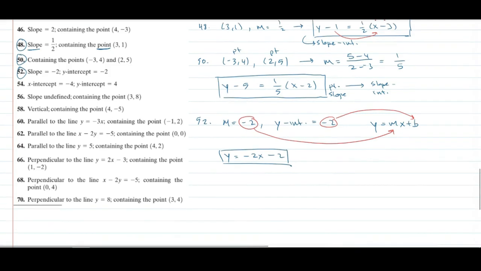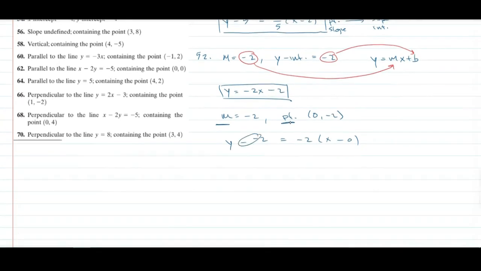Sometimes students ask, wait, what if I am so accustomed to point slope form that I want to put it into point slope form? You might be making things difficult for yourself, but I don't mind reminding you that a y-intercept, really what it means is it's a point that's 0, -2. So now you have a point and a slope, and you could just go ahead and set up a point slope form, right? So y minus -2 is equal to -2 times x minus 0.